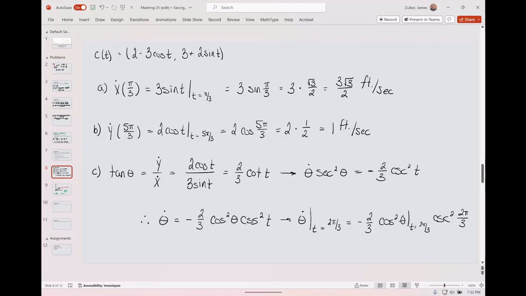To be negative 2/3 cosine squared of theta evaluated at t equals 2 pi over 3 times cosecant squared of 2 pi over 3. Oh boy. So we need to know what theta is when t is 2 pi over 3.